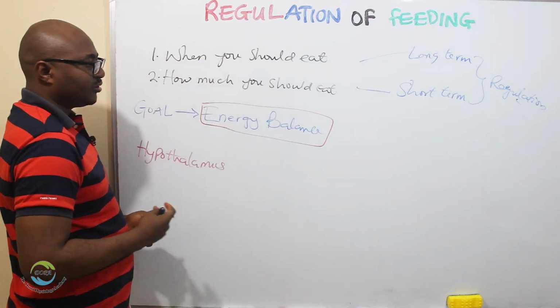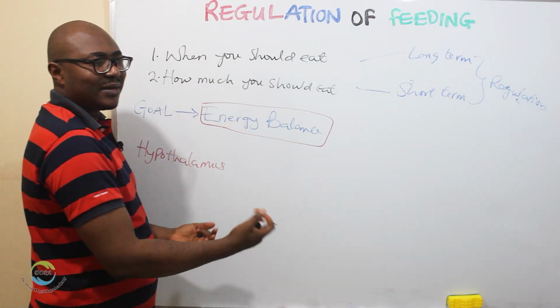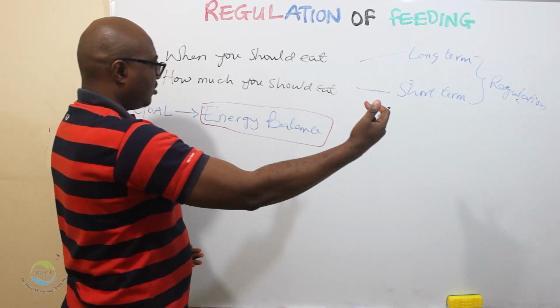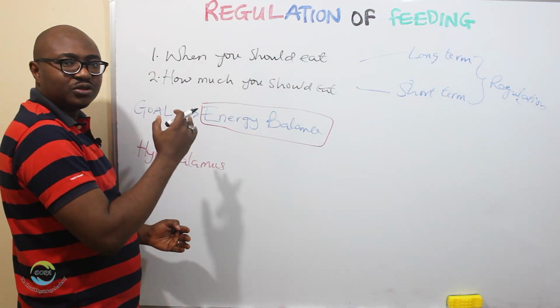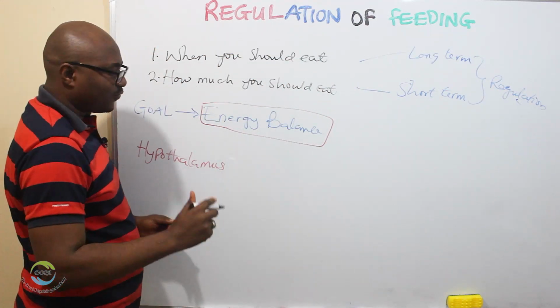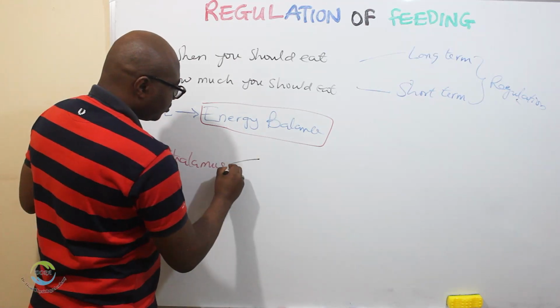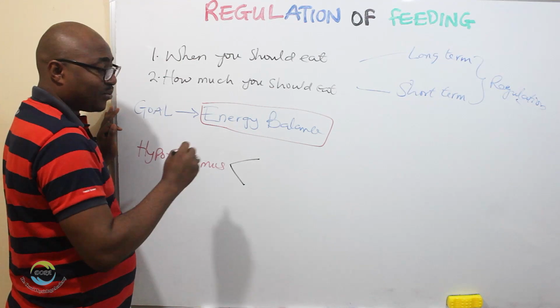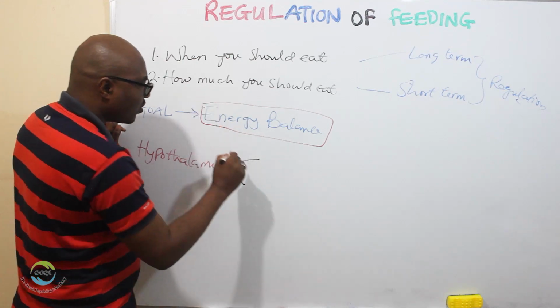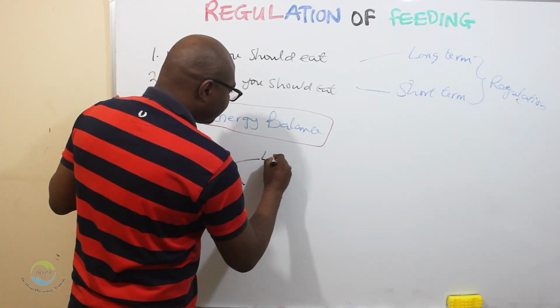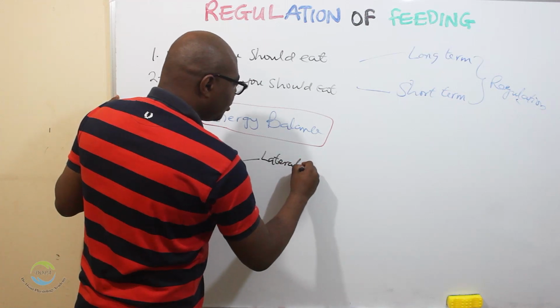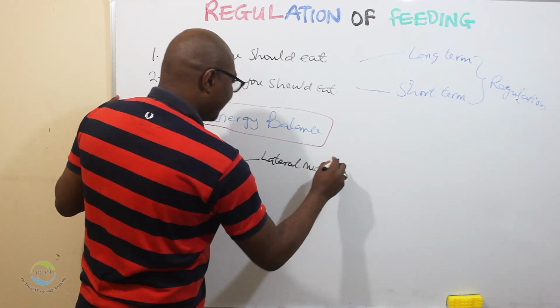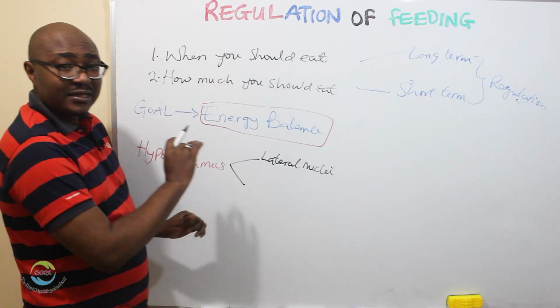Because you have what should determine you taking food and what should determine you stopping, there are two centers that relate to feeding in the hypothalamus. You have the lateral nuclei of the hypothalamus.